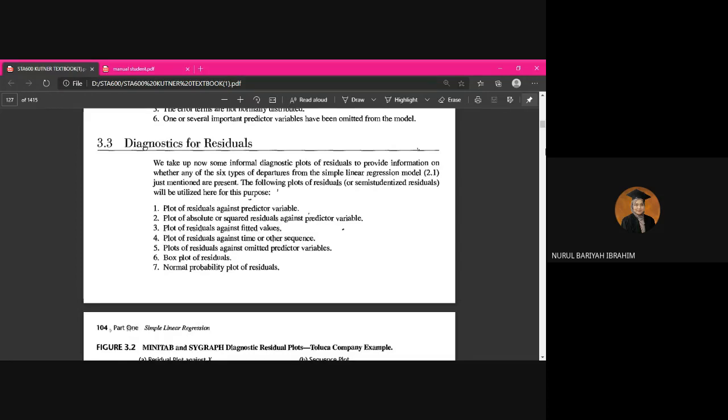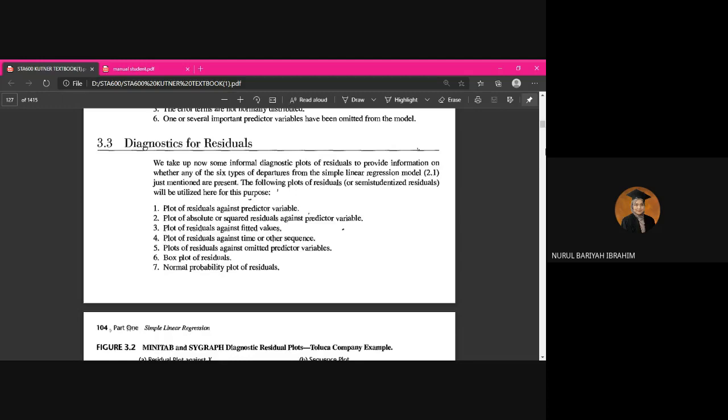Okay, so today we proceed with the diagnostic for the normality assumption. From the previous lesson or your previous knowledge, you know that in order to proceed with the regression analysis, we need to do the diagnostic checking for the residual first.